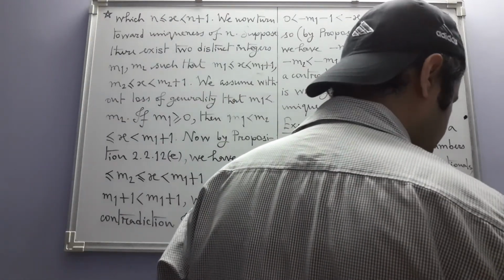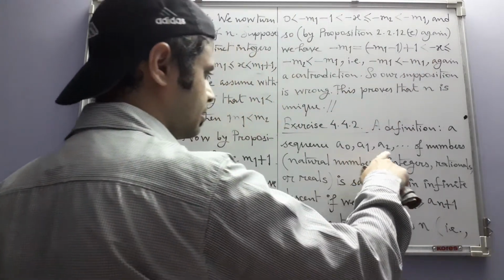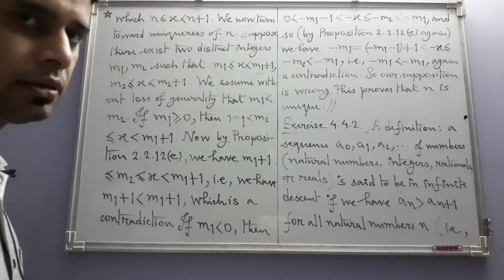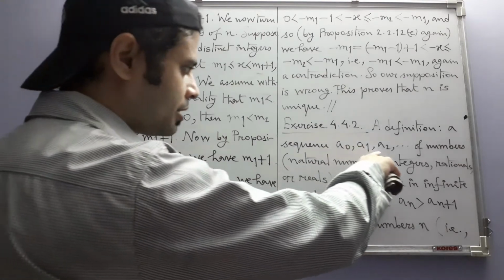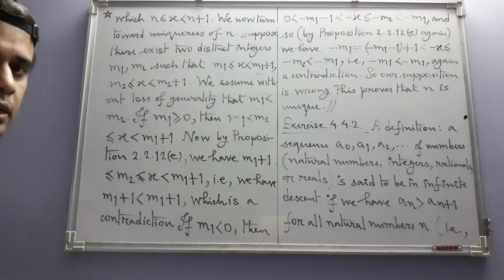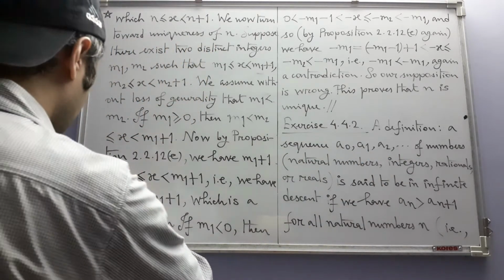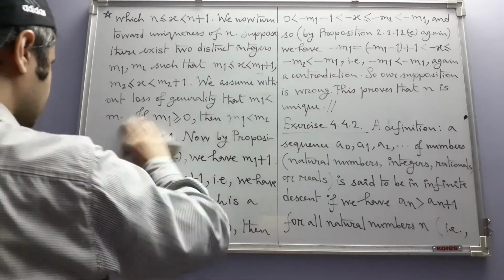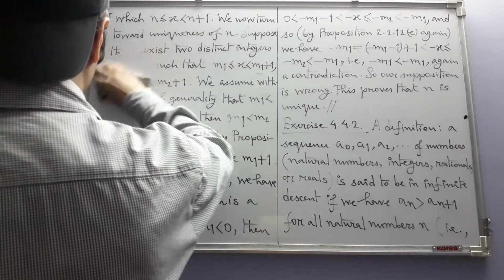all natural numbers n means not that the numbers are natural numbers. The numbers themselves can be either natural numbers or integers or rationals or reals, but the suffixes, the labels, are natural numbers.